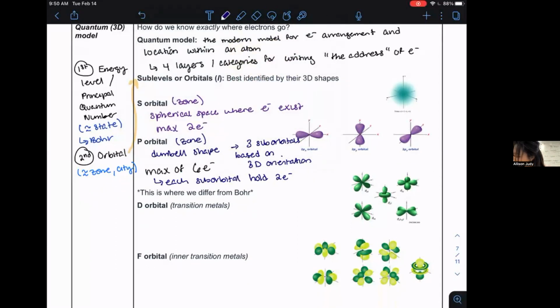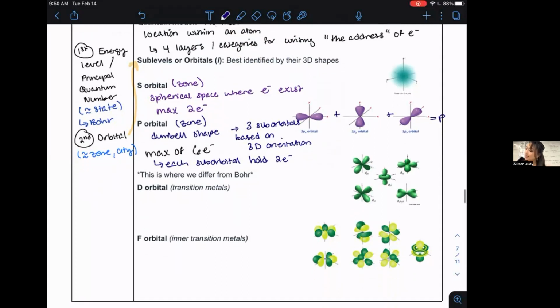So it's this plus this equals my p zone. Those 3 equal my p zone. So far, the S and P orbital match up exactly with the Bohr model, because notice we're maxing out at 2 plus 6, 8. Where does the Bohr model max out for where each energy level can hold? 8.